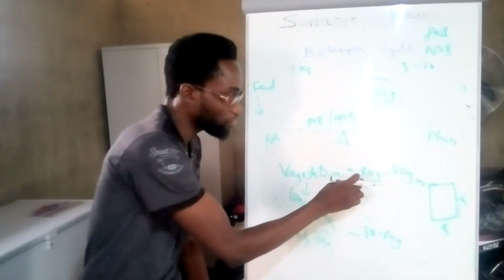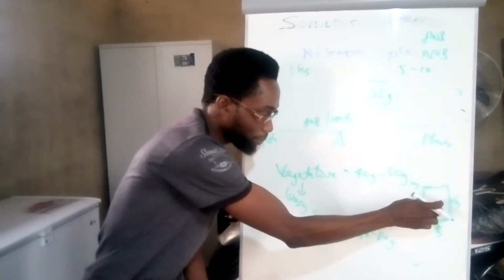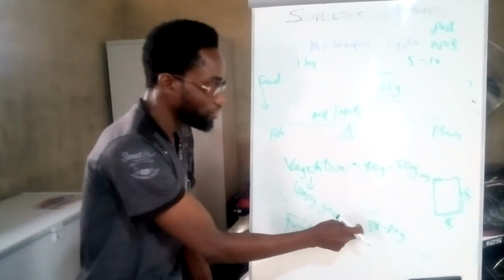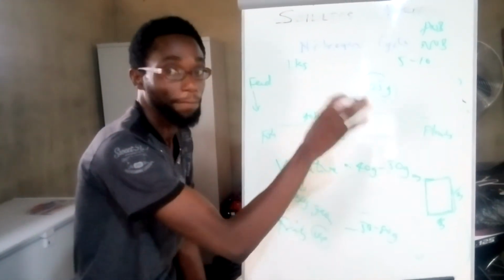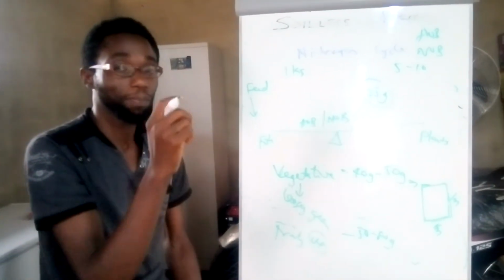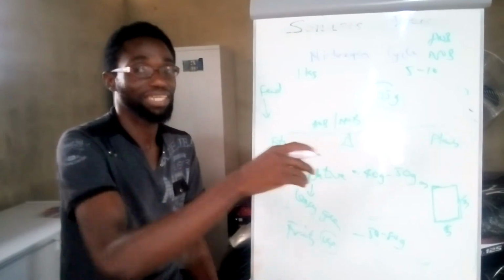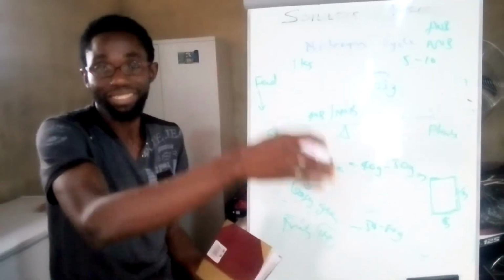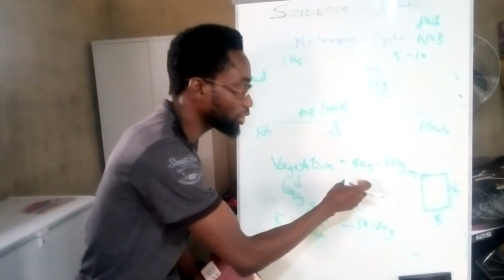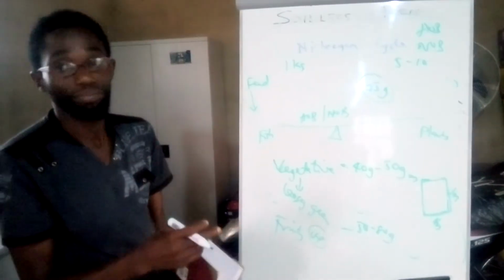Leafy greens, 40 gram to 50 gram of feed, 1 square meter. Fruity plants, 50 to 80 gram of feed per day. Remember, this feed is per day, not per feeding. We are saying the cumulative per day. If you feed morning and evening, the total feed you feed per day is what you are going to add up to know how much square meter you are using.